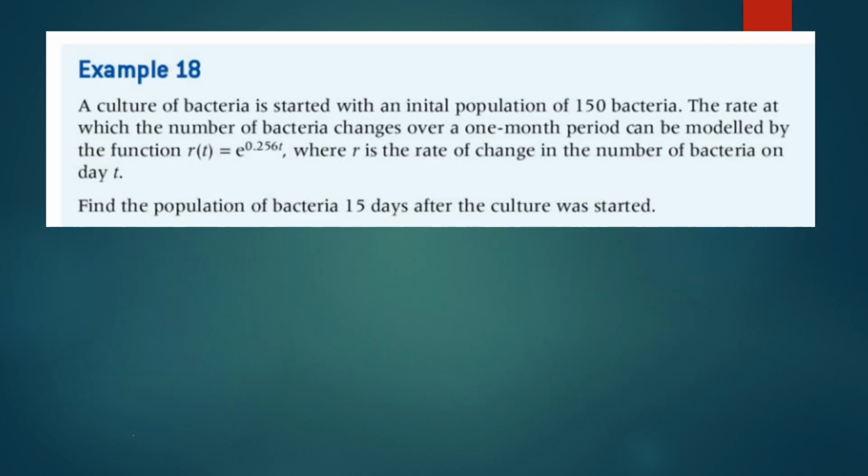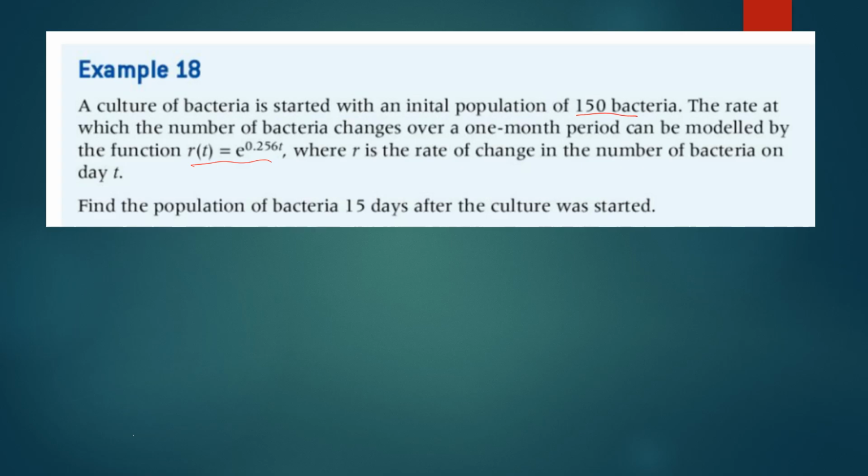Okay, example 18. A culture of bacteria is started with an initial population of 150. The rate at which the number of bacteria changes over a 1-month period can be modeled by this function, where r is the rate of change in the number of bacteria on day t. Find the population of bacteria 15 days after the culture was started.